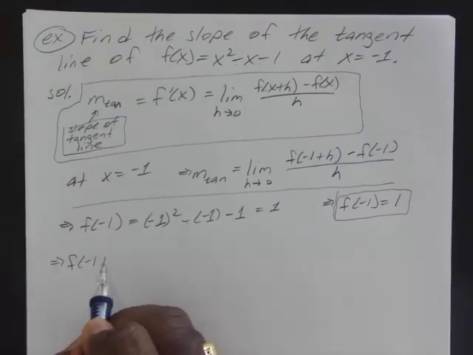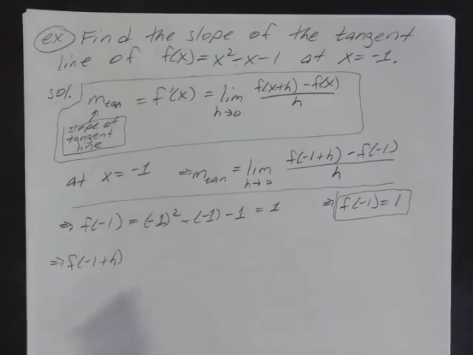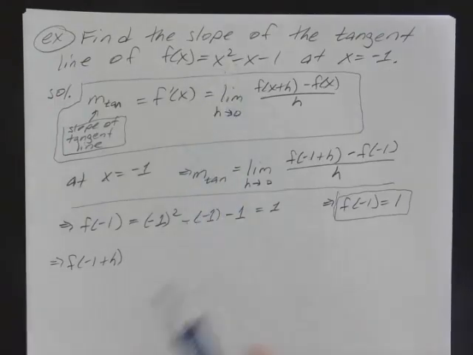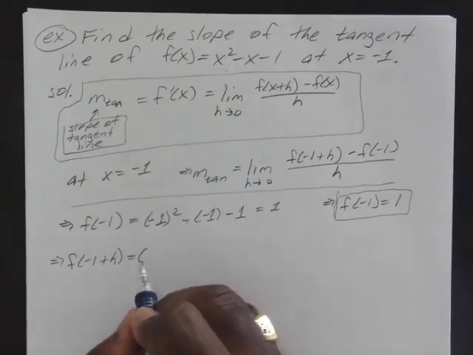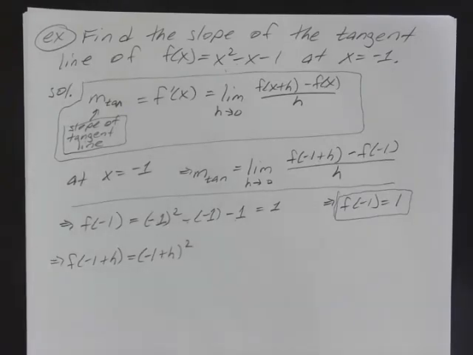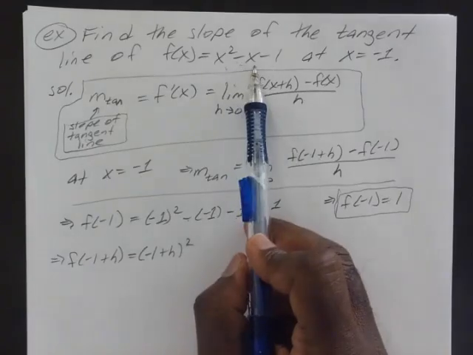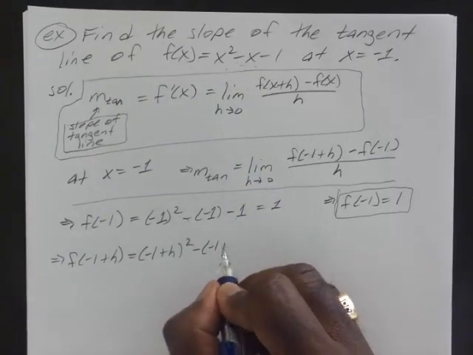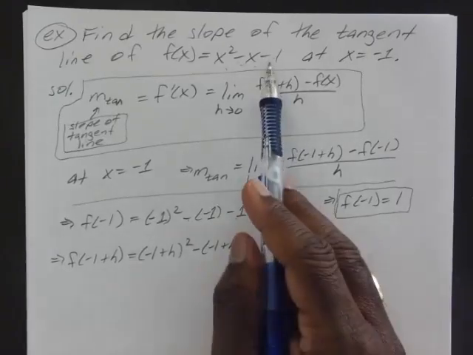F of -1 plus h, that's going to be -1 plus h squared, minus -1 plus h, minus 1.